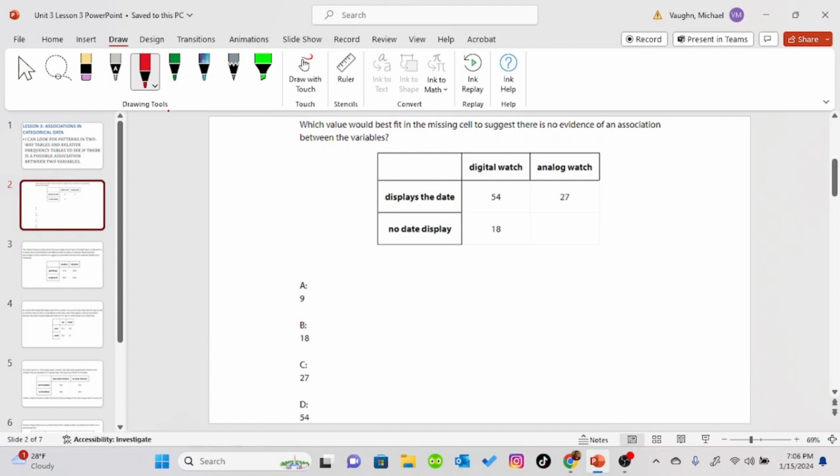One thing to notice is that for a digital watch, 54 of them displayed the date, and for an analog watch, 27 of them displayed the date. And what might stick out to you right away is that 54 is 2 times 27.